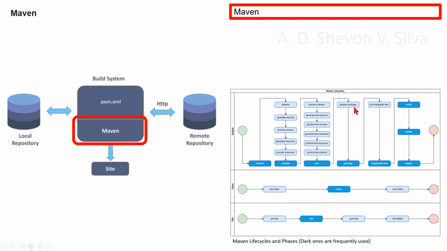Prepare package: perform any operations necessary to prepare a package before the actual packaging. This often results in an unpacked, processed version of the package. Package: take the compiled code and package it in its distributable format, such as a JAR.